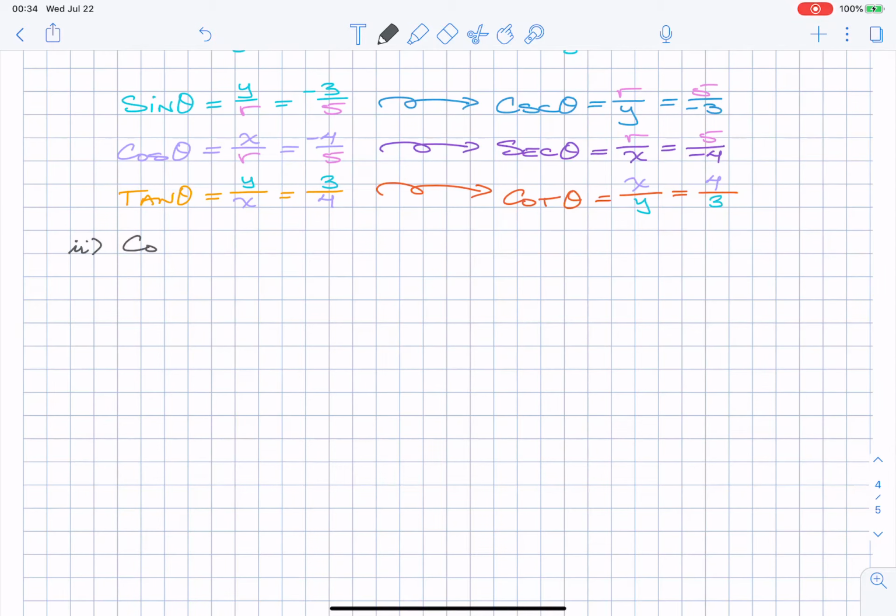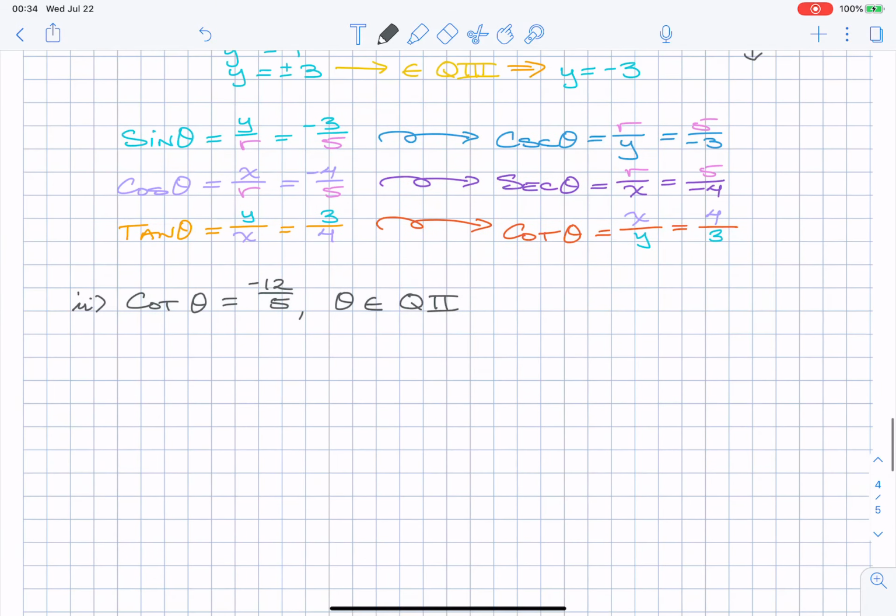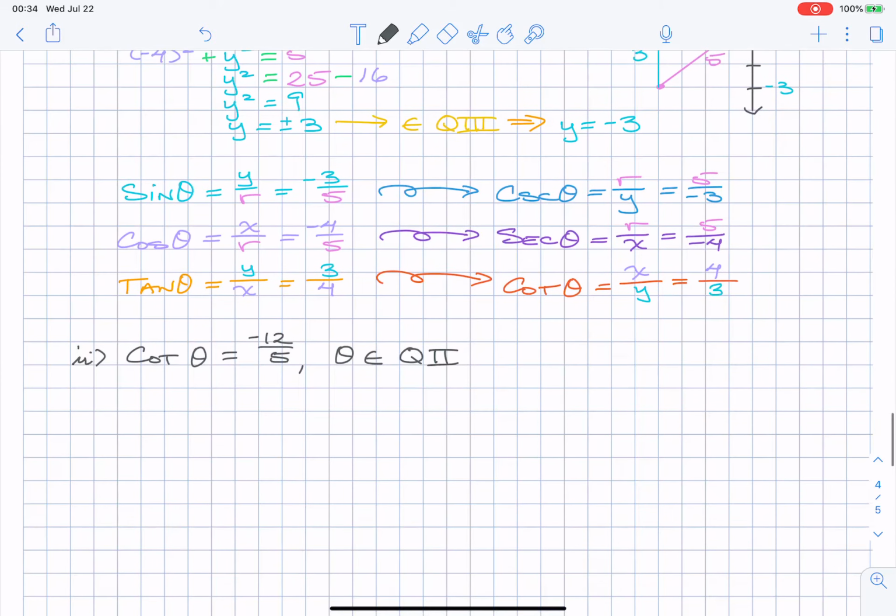Okay, so let's say we have that cotangent of theta is negative 12 over 5. And let's say we want that theta is in quadrant 2. Maybe I'll go ahead and draw this first.